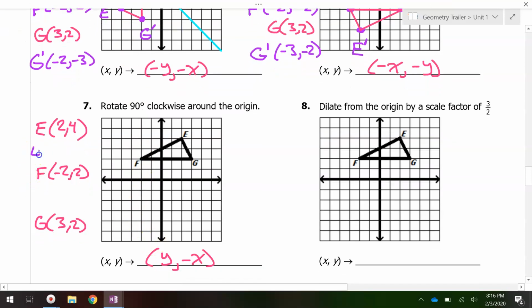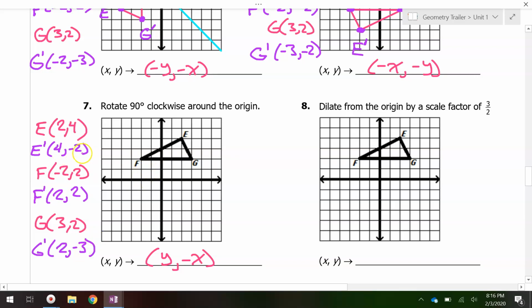So let's find E prime, y opposite of x. So that's going to be 4 and then -2. All right, how about F prime? Y is 2. The opposite of x is +2. Now G prime. Y is 2. The opposite of x is -3.